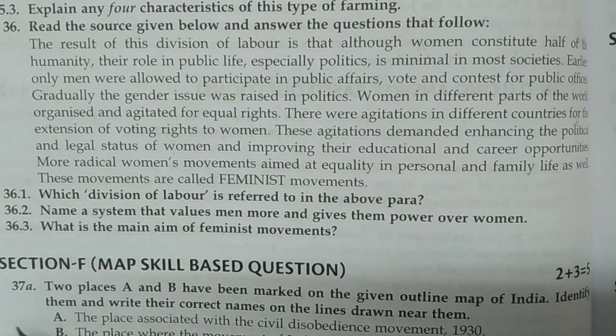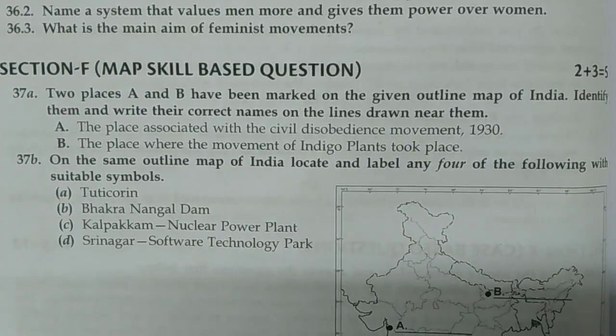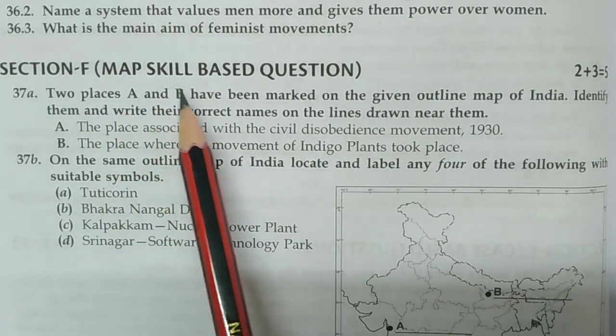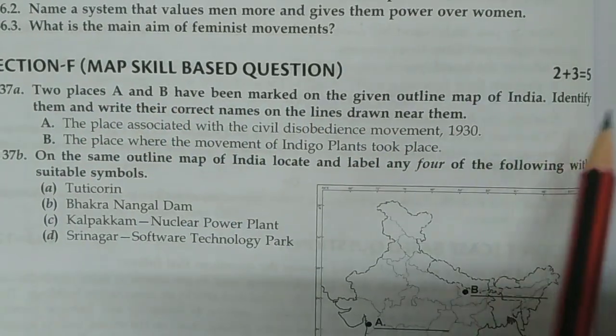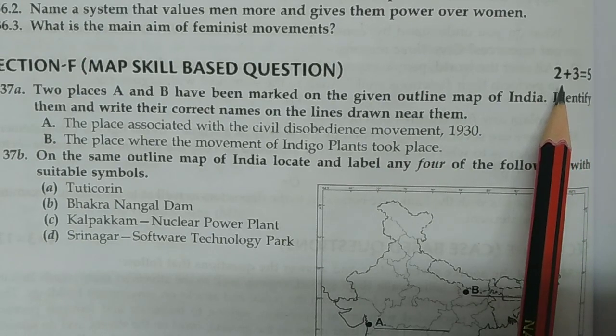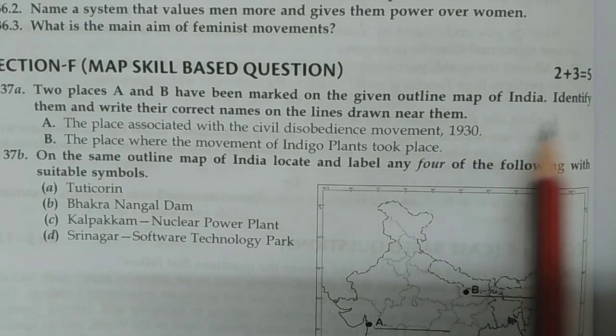Then now we will start from Section F. After completing this section, I am coming to Section F, and these are map-based questions. Section F is on map skills-based questions. It contains a total of 2 plus 3 marks, which means that 2-mark questions are asked from history and 3-mark questions are asked from geography. Total 5 marks.